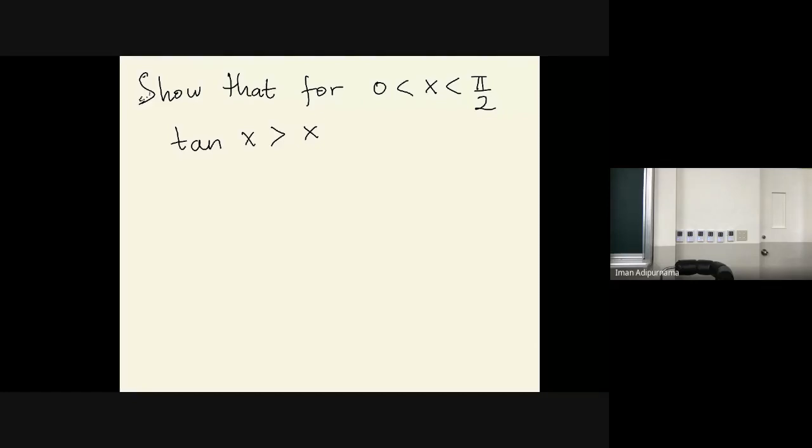Okay, can you try this one? Can you solve this based on mean value theorem? Can you try to solve it?